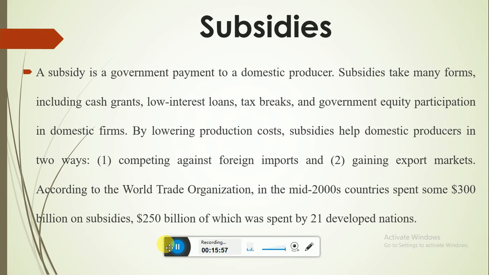By lowering production cost, subsidies help domestic producers in two ways: competing against foreign imports. Yes, so if you don't support your local companies, they cannot compete in the market. They might face problems, they might have issues, low capacity, skilled labor shortage, so they cannot compete with international companies.